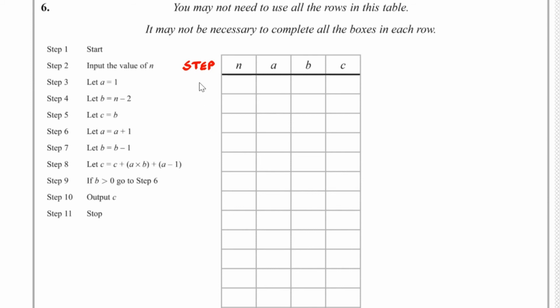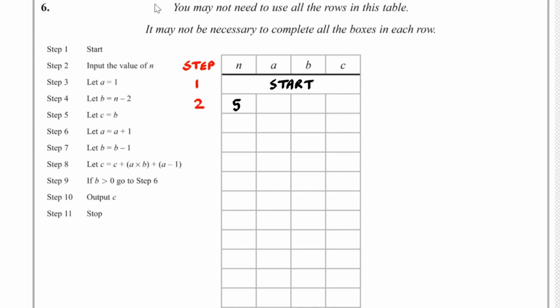So step 1 would be for us to start the algorithm. So the second step is to input the value of n. The value of n is equal to 5.